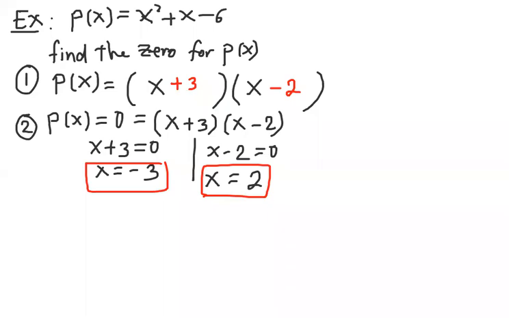Any question? Thank you, Roland. Thank you, Taylor. Any questions so far? Like this, we can find the zeros for the polynomial function. So now, by using the zeros for the polynomial function, we can graph the polynomial function.